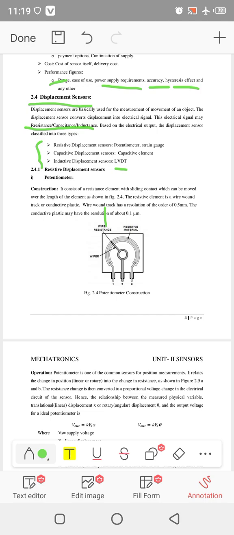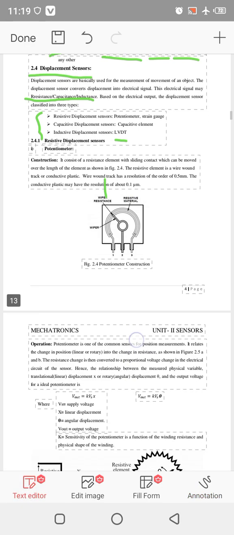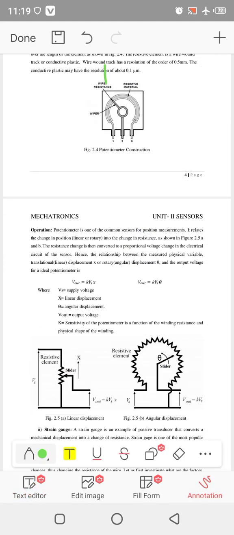We can see from these diagrams the construction. Linear resistance change is converted into proportional voltage change in the electrical circuit of the sensor.